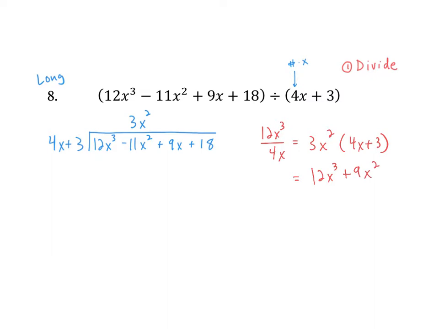Oh, that's the multiplying. Actually, that's the next step, multiply, and that's what I just did. So multiply by the divisor. All right, then I'll take that and rewrite it here. Okay, and the next step, step 3, is subtract.